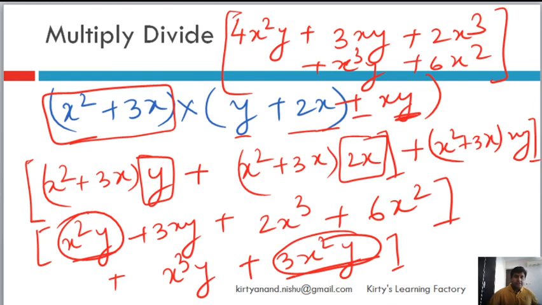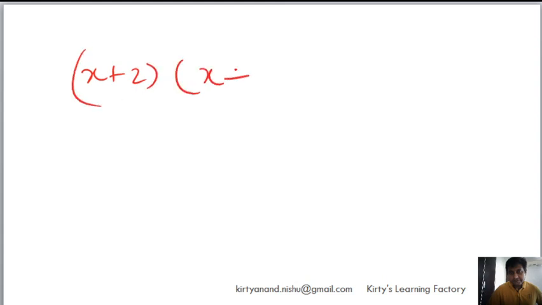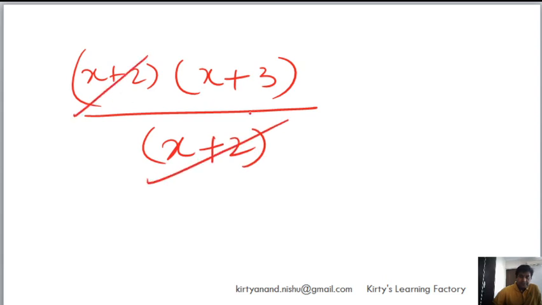For division, basically for division, it is even simpler. See, understand that for division we have to factorize first, x plus 2 into something like that, and if I have one of the factors as the divisor, x plus 2, then obviously x plus 2 and x plus 2 will get cancelled, and I will get x plus 3.